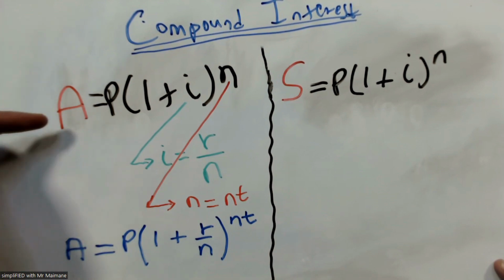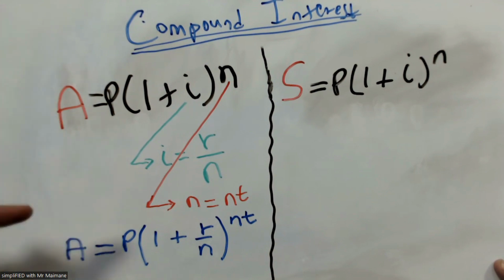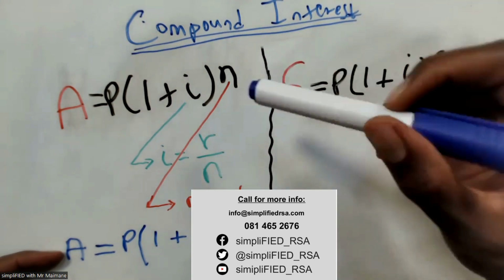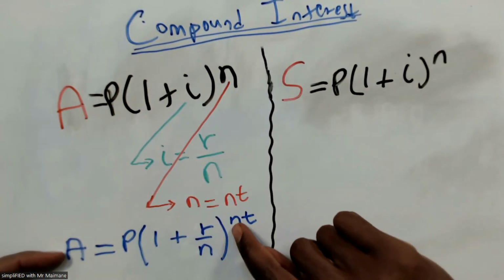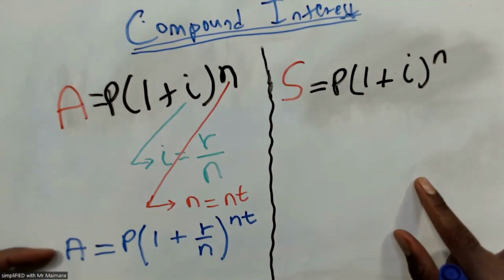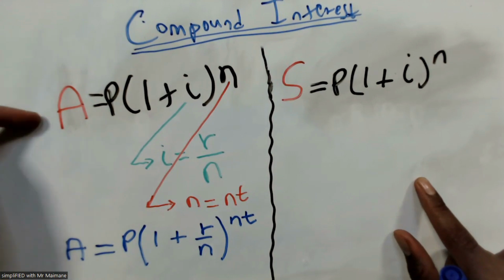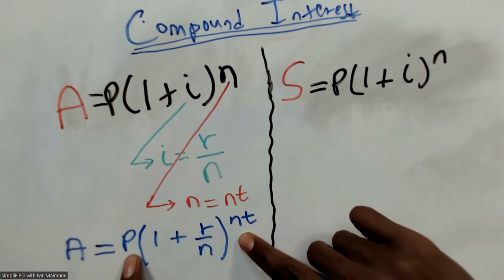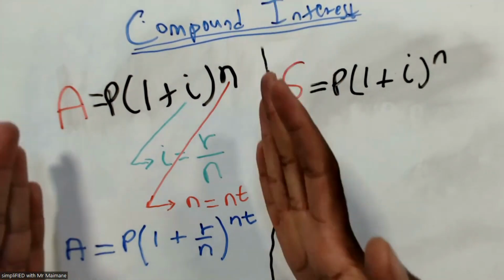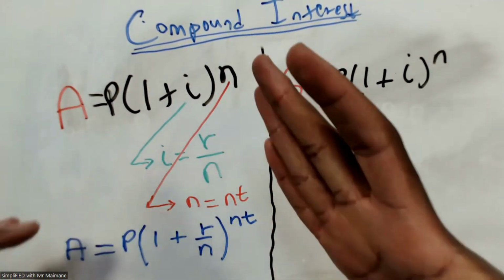If you are doing grade 12, always use this one, because it works all the time. Even if they say it's compounded yearly, if you put 1 as the compounding period, automatically it becomes that. So rather look at it like this. This is the powerful one that can solve all your problems. This is how the formula looks for grade 12 students.